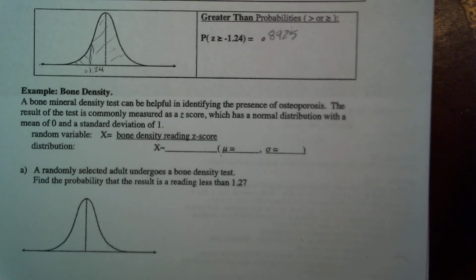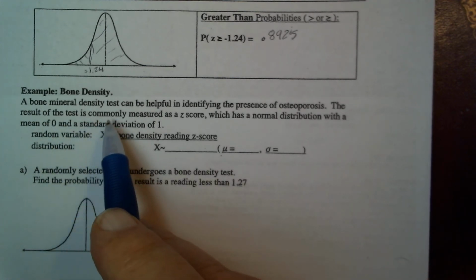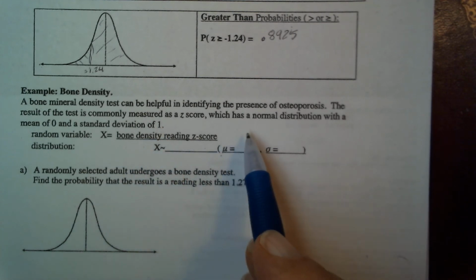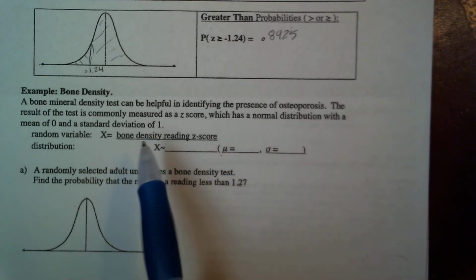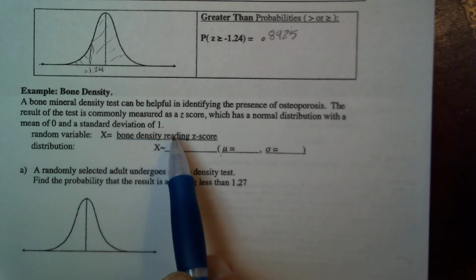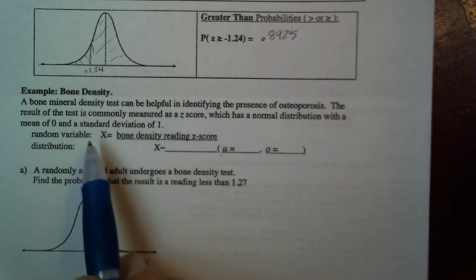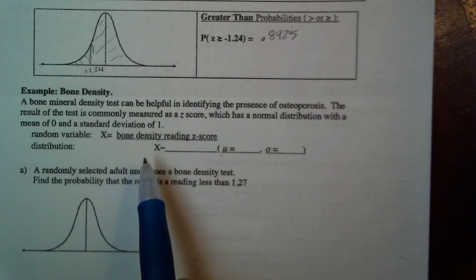Next, let's look at a real-world example about bone density. A bone mineral density test can be helpful in identifying the presence of osteoporosis. The result of the test is commonly measured as a z-score, which has a normal distribution with a mean of 0 and a standard deviation of 1.